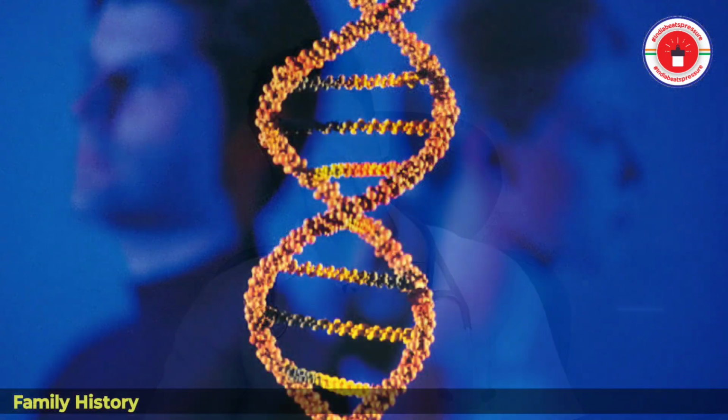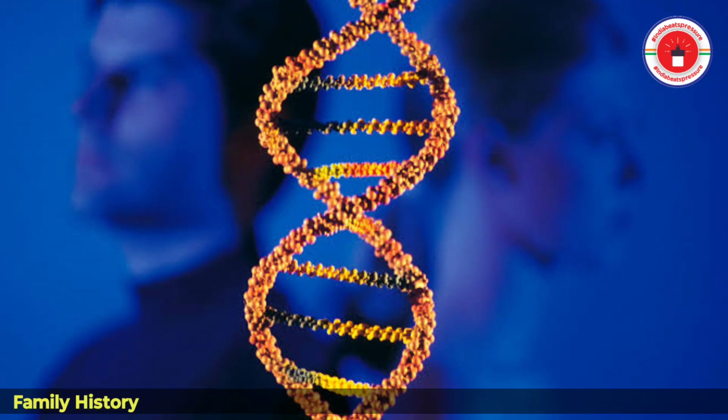You can't modify this. Another non-modifiable example is family history. If hypertension runs in your family, there is an increased chance of you getting hypertension. It's not a must, but there is an increased chance.